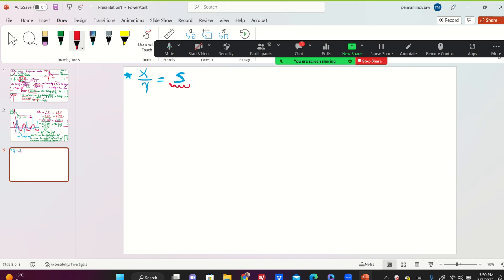Which function gives you S? It's d over dt, which means what is the name of this in elementary school? Yes, derivative, or the decontroller.